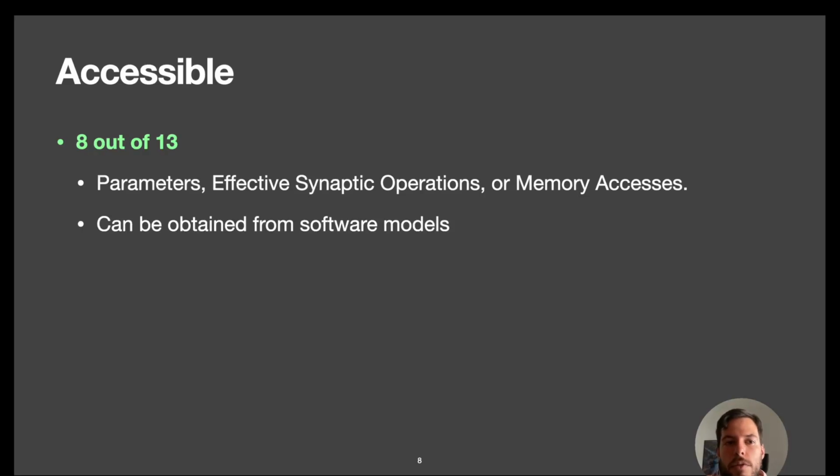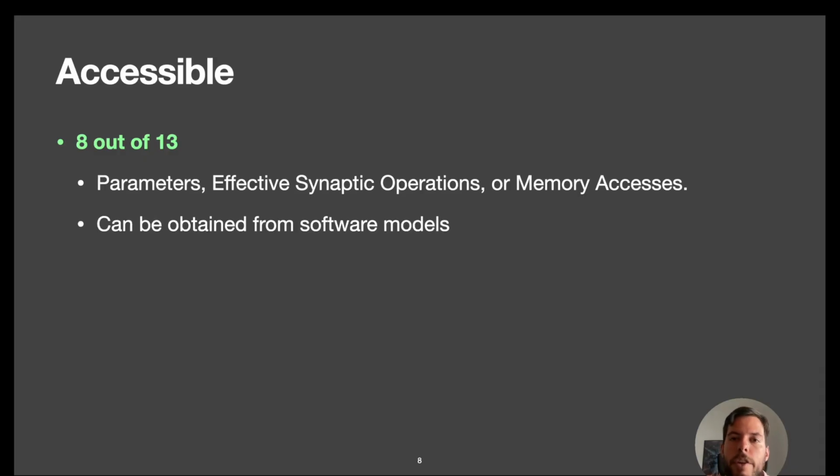In accessible metrics, we find that 8 out of 13 metrics that we found are accessible. These are, for example, parameters, effective synaptic operations, which would be the equivalent of FLOPs, or memory accesses. These are accessible metrics because they can be obtained from the software models.